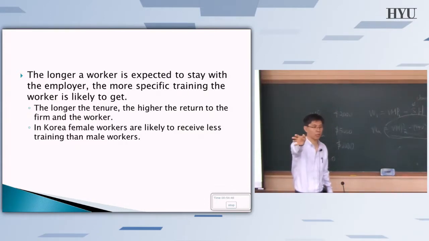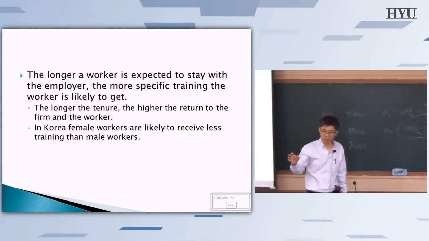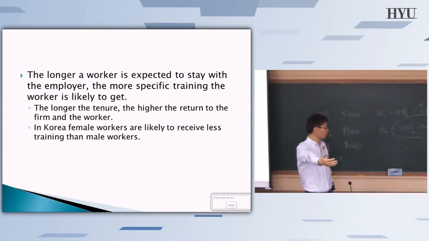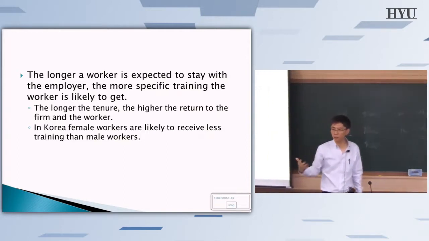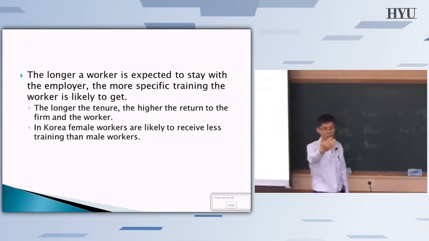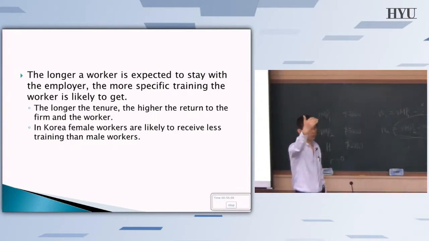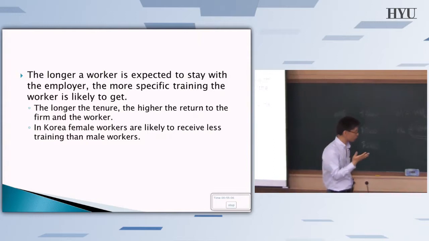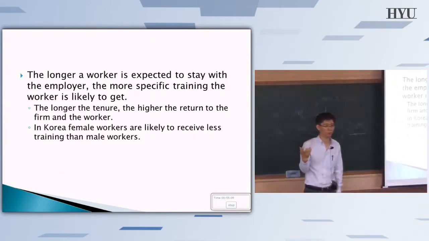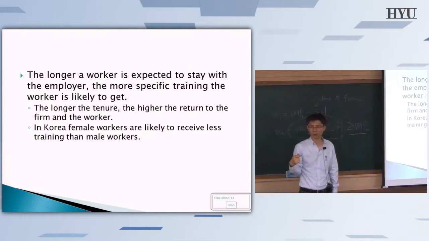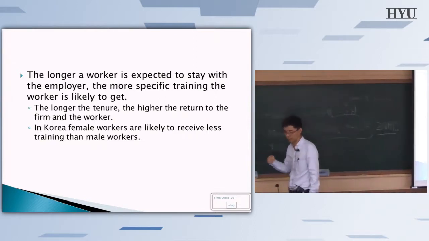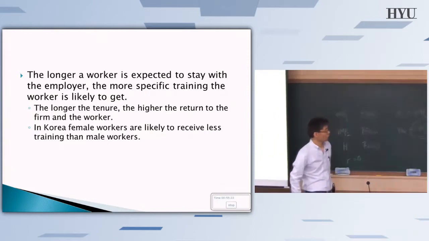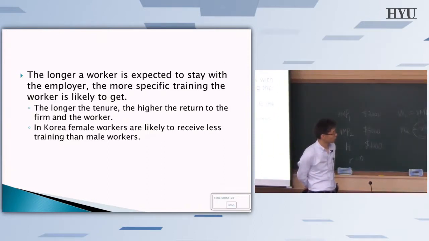But if this worker just quits after 1 or 2 years, obviously that's not very good. If this worker gives you 10, 20 years, that's much more valuable. So you are recouping the return of training this worker over a longer and longer period. So from the employer's point of view, the employer has a much stronger incentive to give training to workers who are likely to stay with this company for a long period than to a worker who the firm expects to quit after only a shorter number of periods.